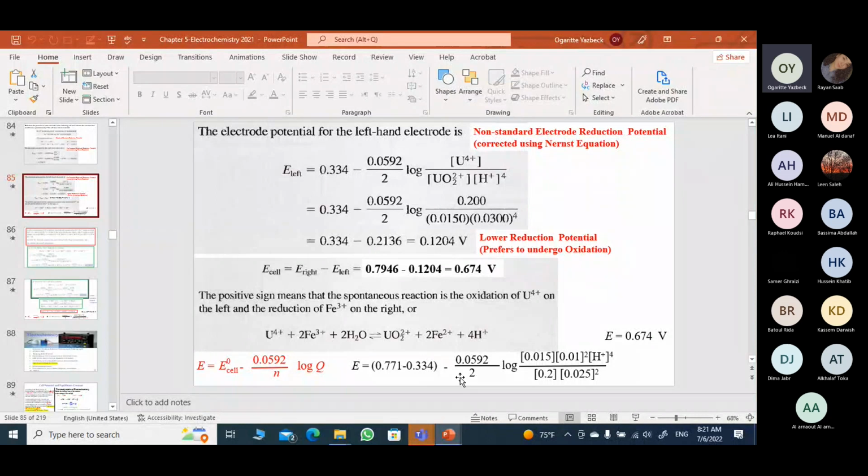In some questions they give you the potential, they give you this E. Okay, they give it to you. And if that's the case and they're giving you the E, they can ask you for the concentration of any compound, to get that E value.